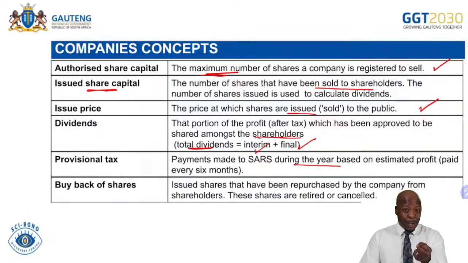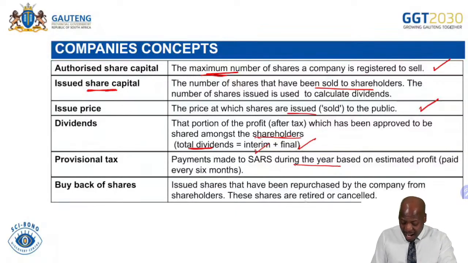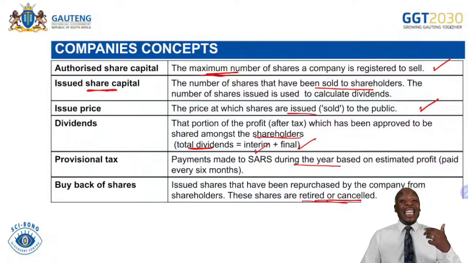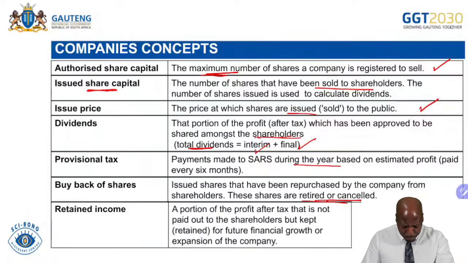And it is very important to note that when we buy back those shares are retired or cancelled. What does that mean? We are not going to resell those shares back to the public. Once we buy back shares, we retire them or we cancel them. We don't reissue them back to the public.